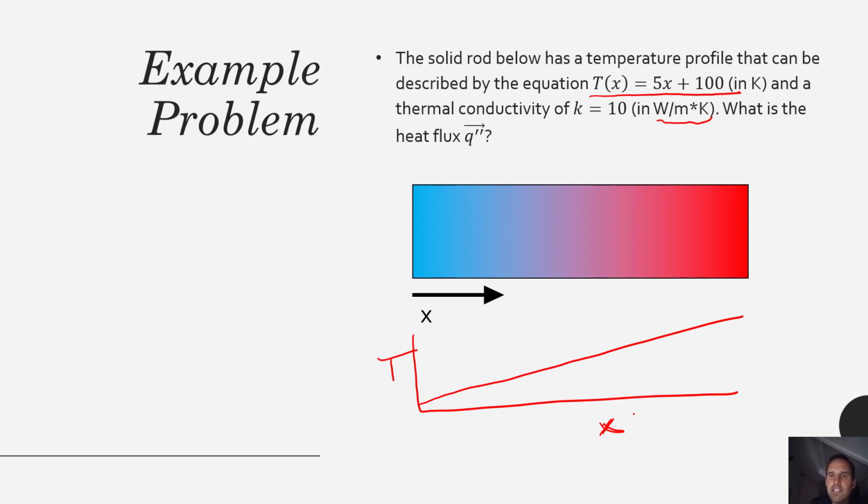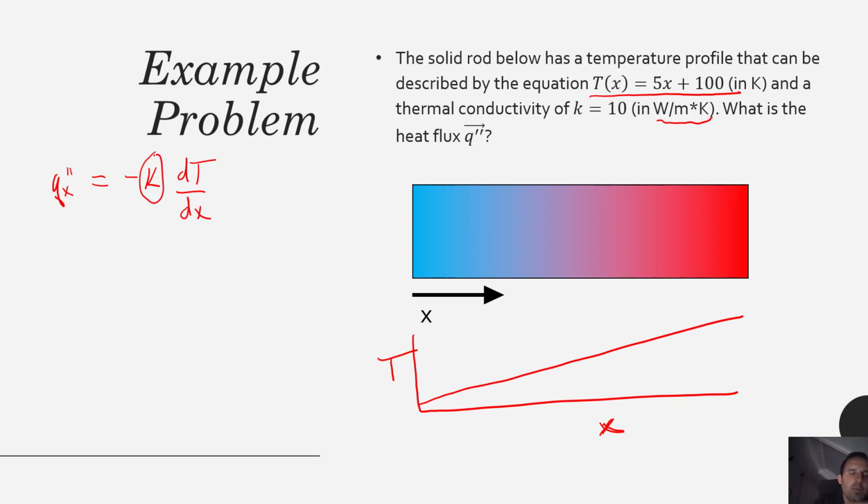So that should tell us that the flux is going to be going the opposite way of our temperature gradient. So let's just go ahead and think through that. Fourier's law tells us that our flux in the x direction is equal to minus k dT/dx. So dT/dx is positive. Our temperature is increasing with x.